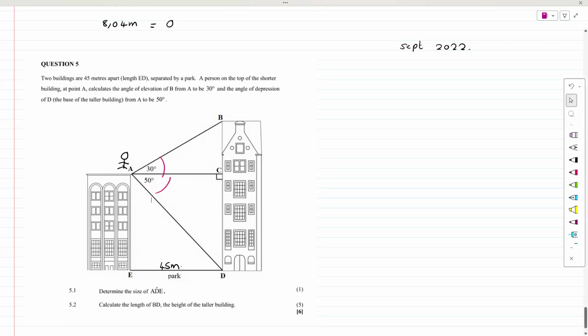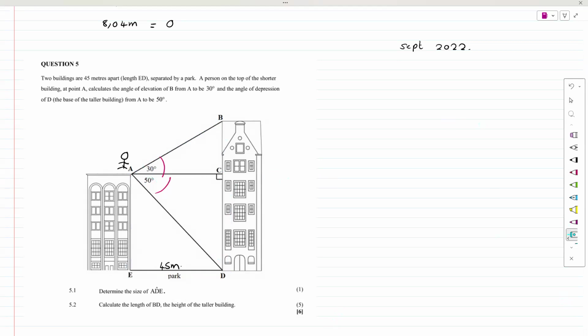A lot of information is given. But remember, the entire point of 2D trig is to find the right angle triangles. So I found there's a right angle triangle here, here, and here as well. So there's quite a few right angle triangles. There's no need to panic.